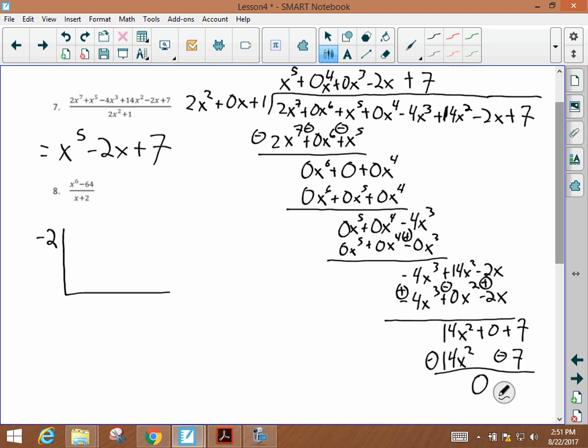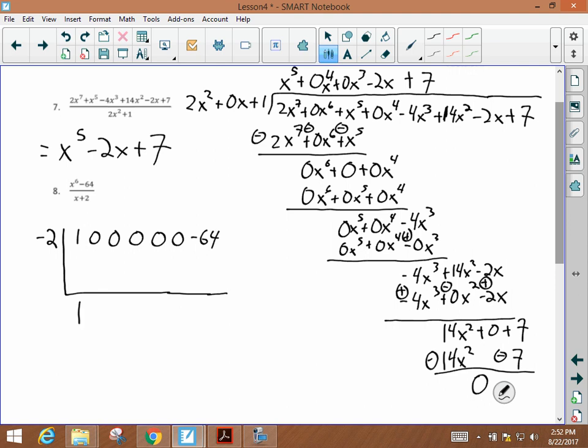So I have 1x to the 6th, 0x to the 5th, 0x to the 4th, 0x to the 3rd, 0x squared, 0x, and negative 64 as our constant, or our x to the 0th power term. Let's make sure that's right. 1, 2, 3, 4, 5, 6, 7. Fantastic.